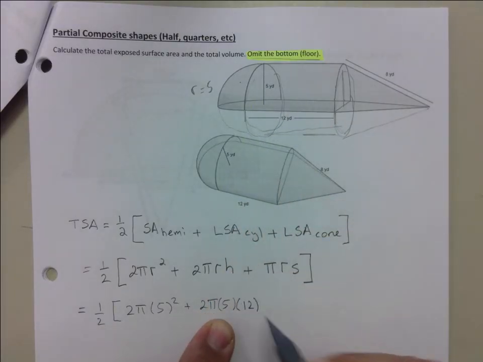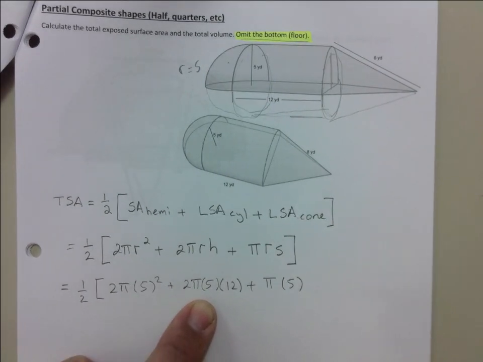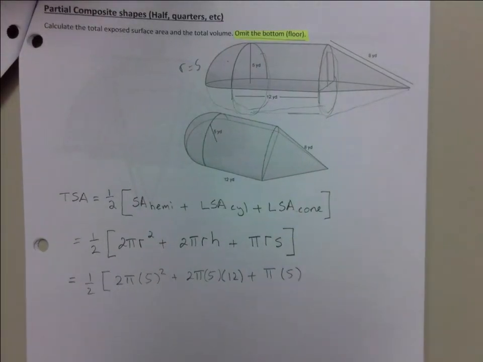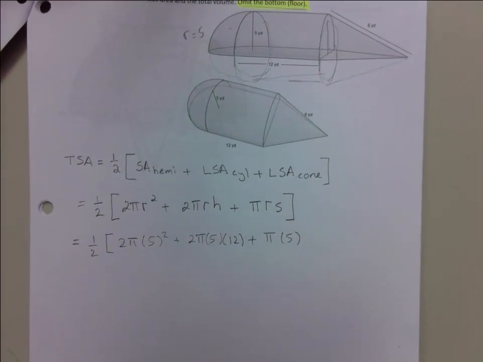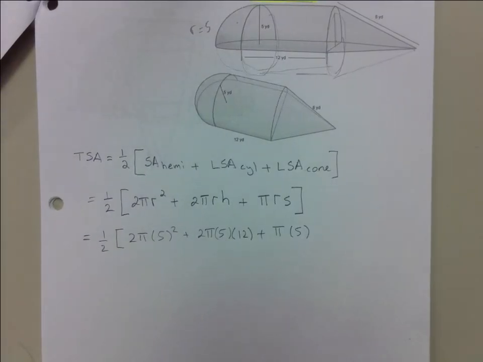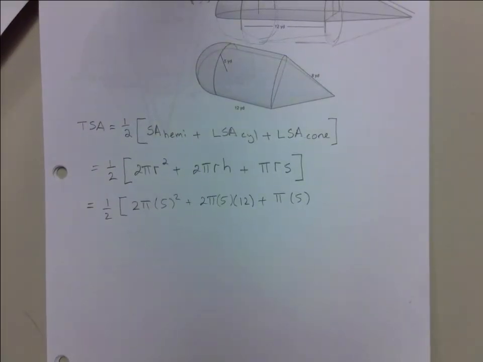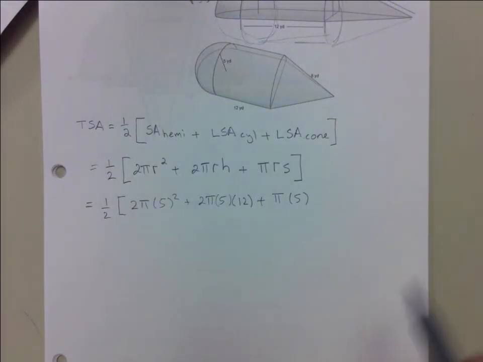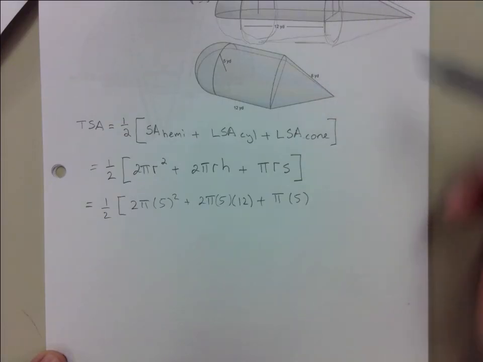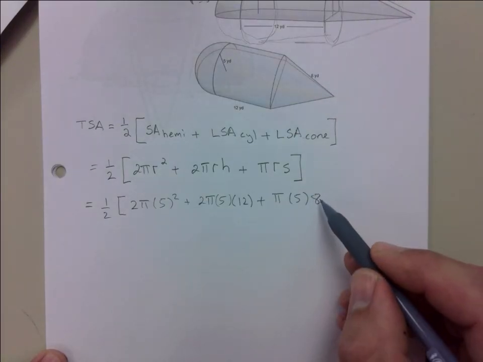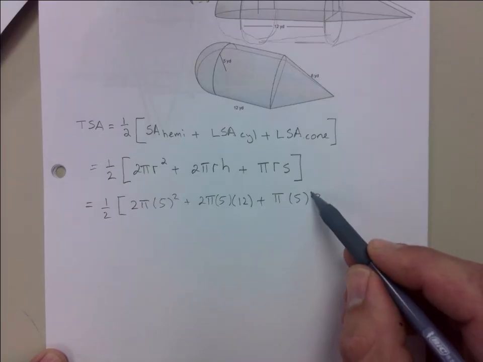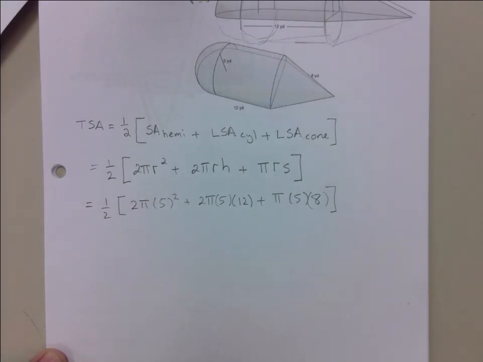Everything is in yards. Plus pi r, do I know s? Oh, you can't see that, sorry. I still have to learn how to work this screen, because it goes very low here, so I have to make sure I move it every once in a while. We do have the slant. The slant is 8, so we don't need to use the Pythagorean theorem in this case, and square bracket that.